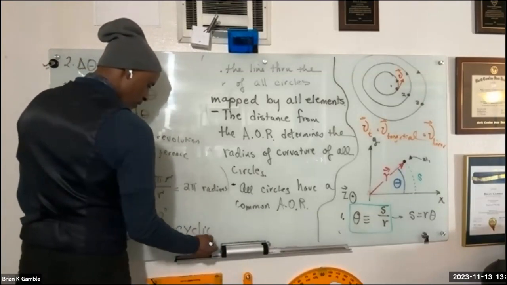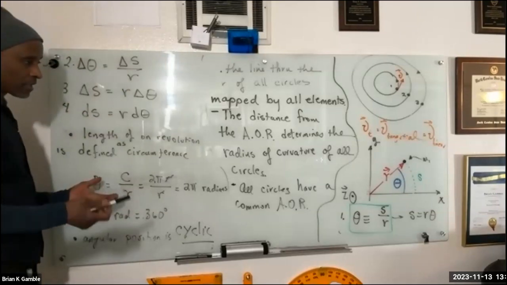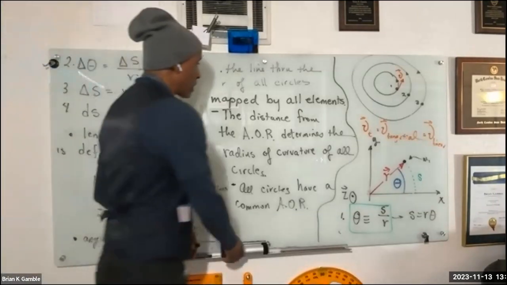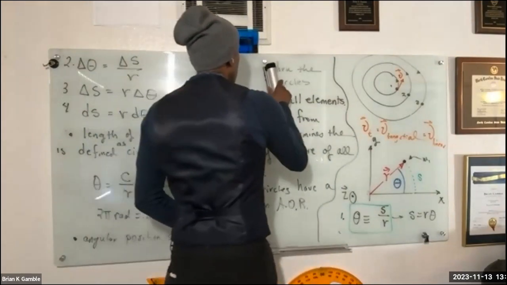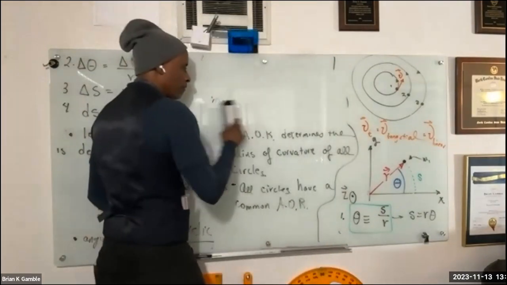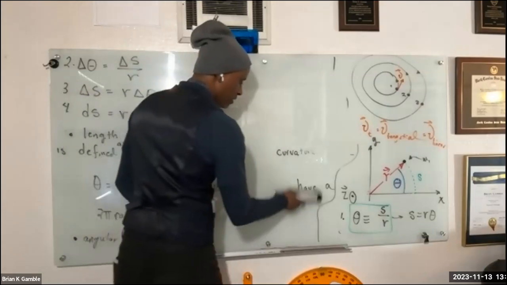I think the name describes itself: cyclic means cycle. What it's saying is that as you move in a circle, there are repetitive occurrences of position.